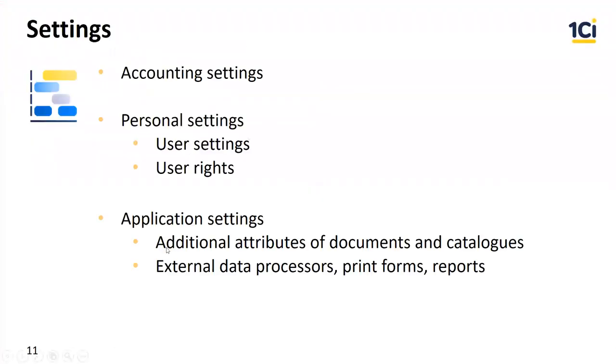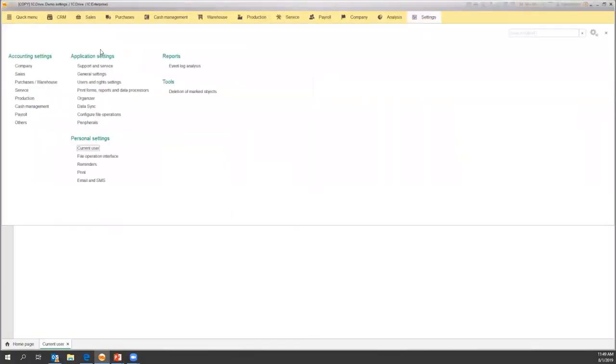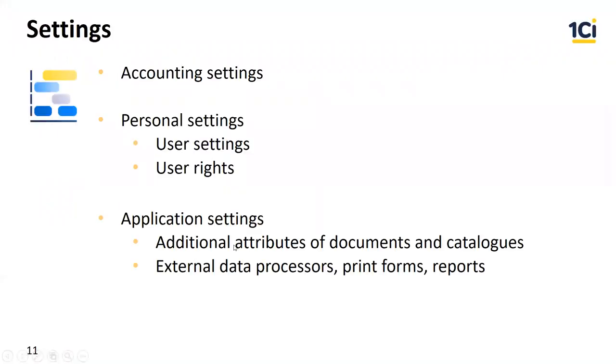And the last in our list, application settings. We see a number of settings here. Some of them are very complex for those of us who do not have an advanced degree in IT. But we will look through additional attributes in documents and catalogs.